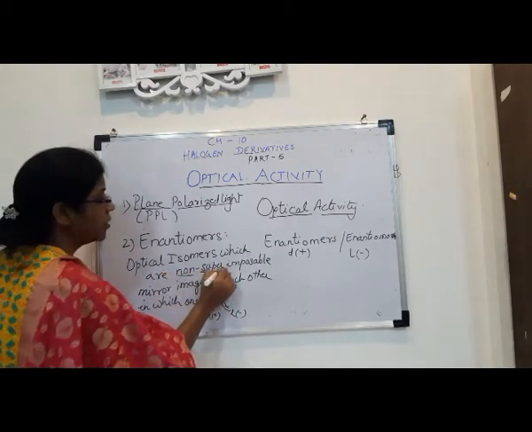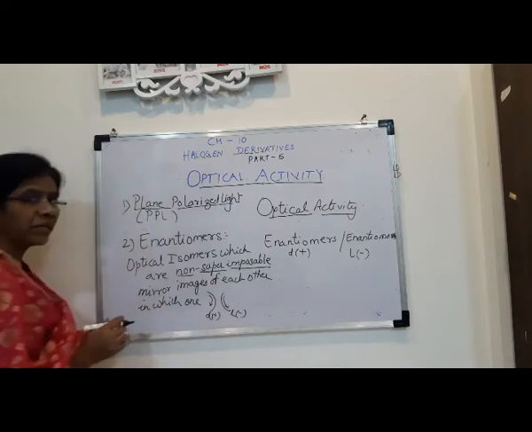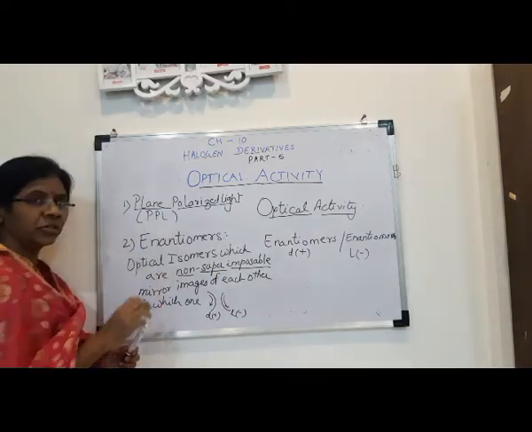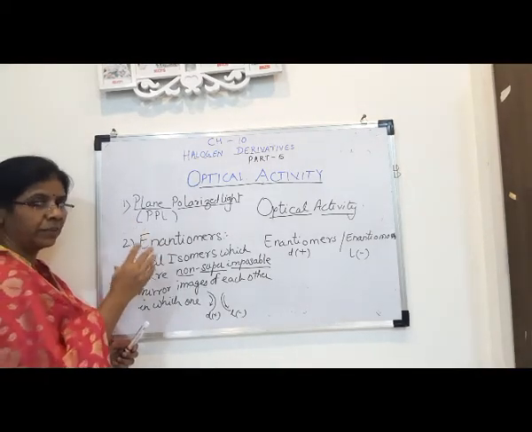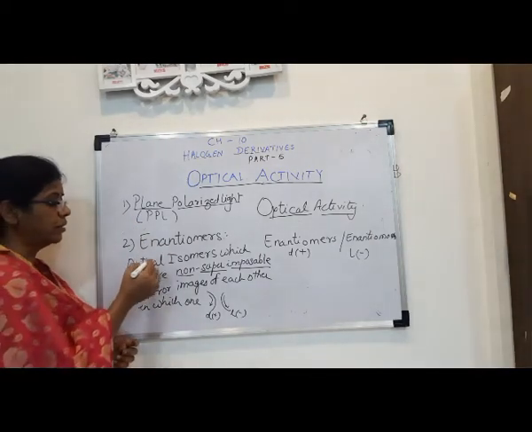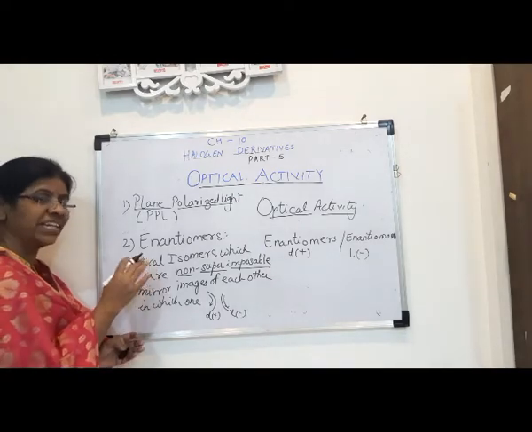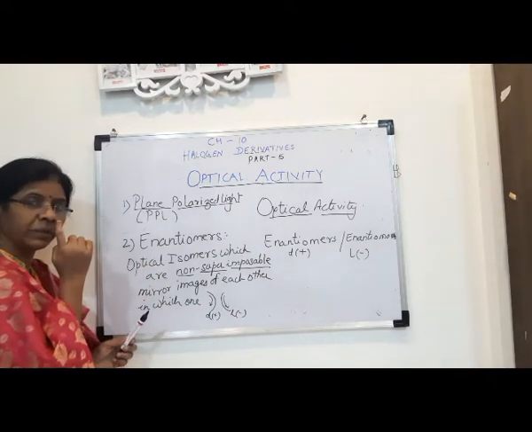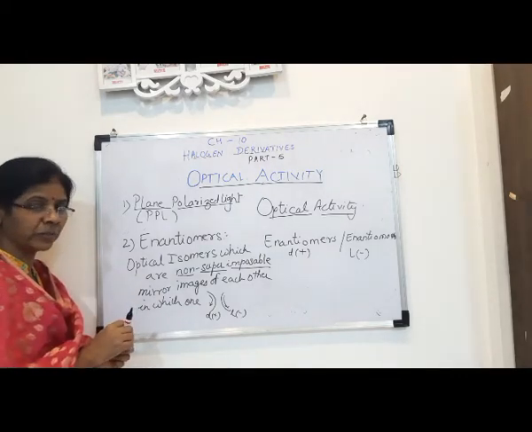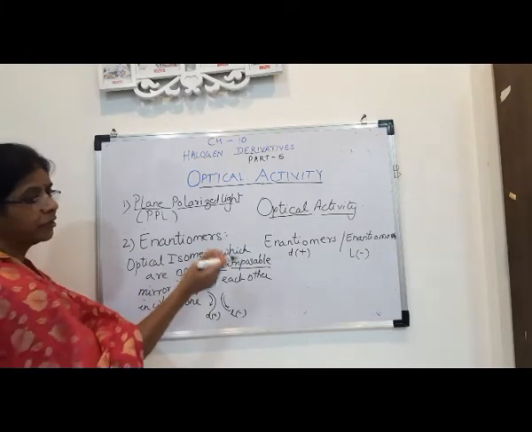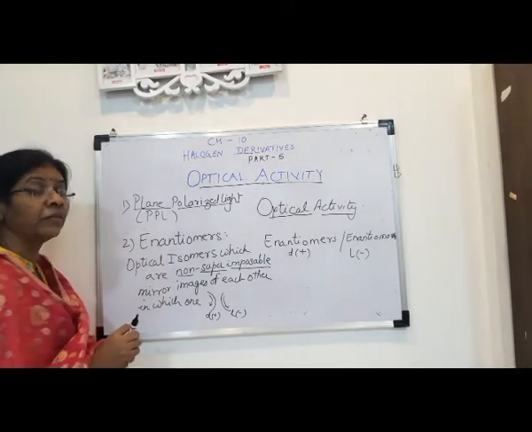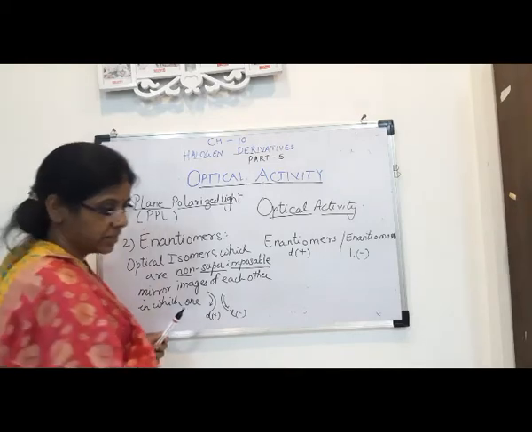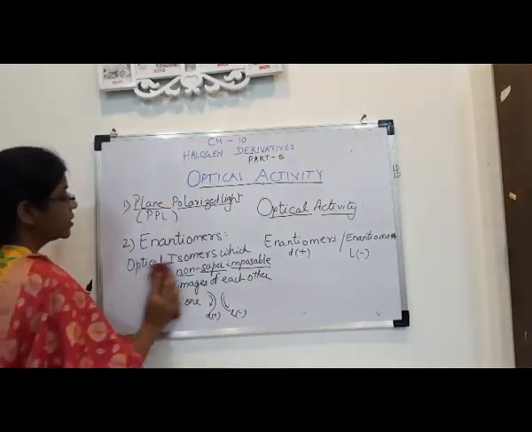Remember this point: non-superimposable mirror images of each other. Now, if you take 50% of dextrorotatory enantiomer and another 50% of levorotatory enantiomer, what will be the resultant? A mixture will be formed.